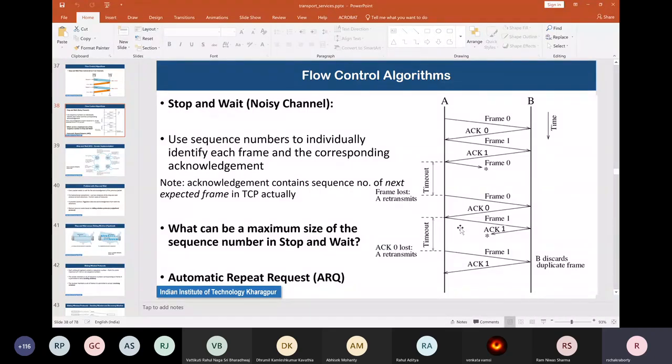Similarly, this picture shows an asymmetric sender and receiver setup, which means one party is the sender and one party is the receiver. The other side is not implementing any timer. It only acknowledges, that's all.